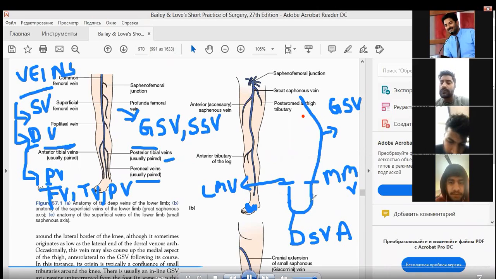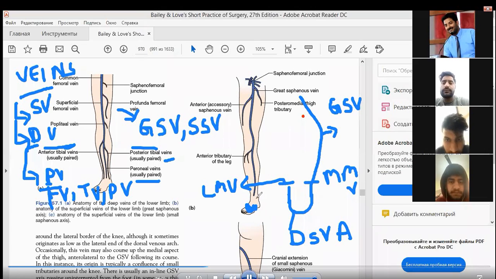So see here, the dorsal venous arch, the medial dorsal venous arch, then this vein is forming, and from here you have your great saphenous vein. You can say that the great saphenous vein is present anterior to your medial malleolus.